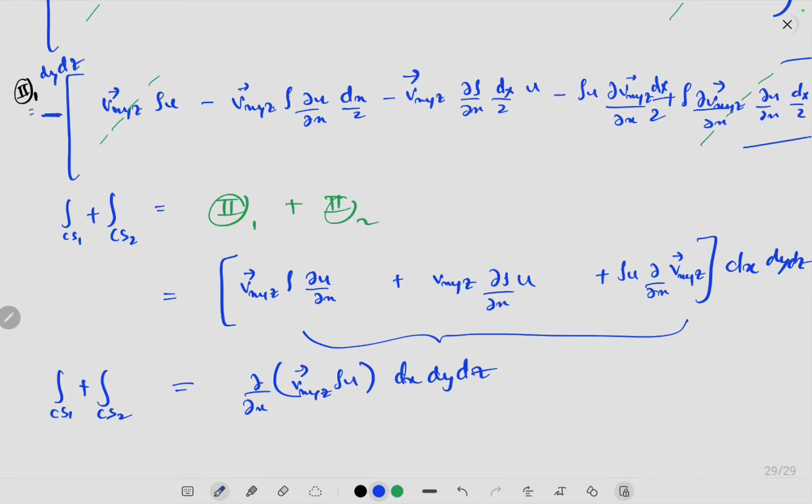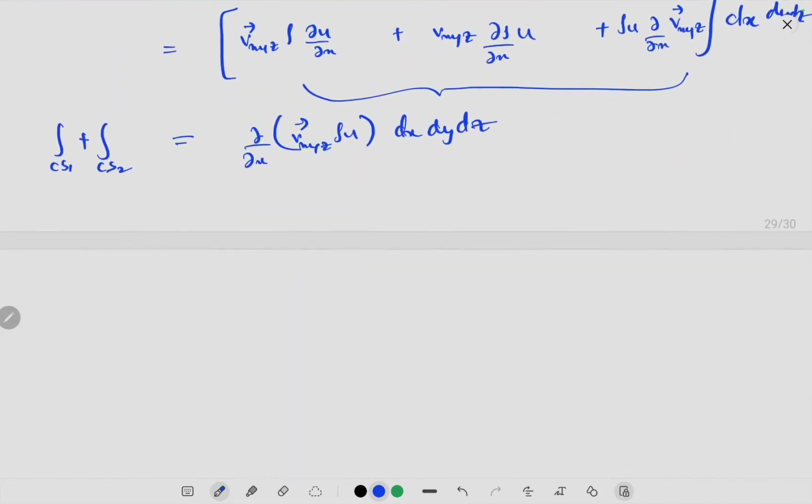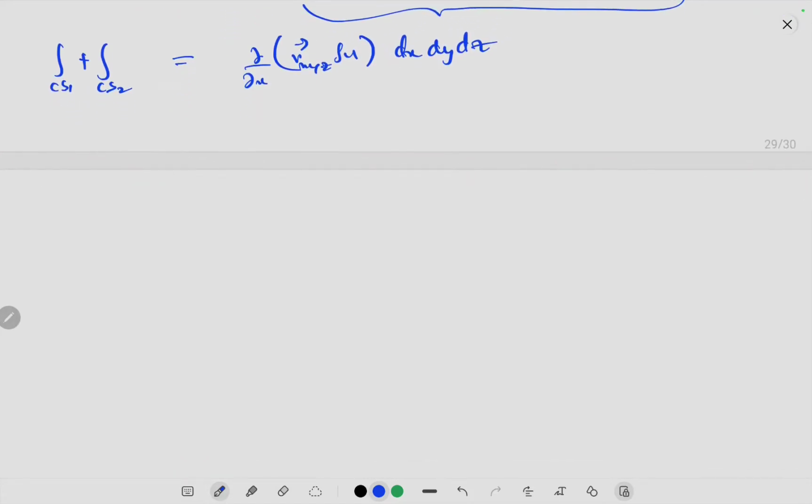Similarly, if you do integral CS3 plus integral CS4, that will give me del by del y of vxyz rho, not u but v, because v is the component of velocity along the y-axis, and this will be dy dx dz.